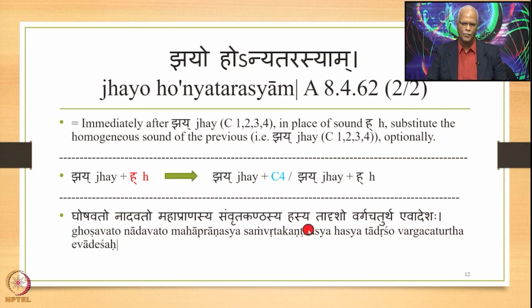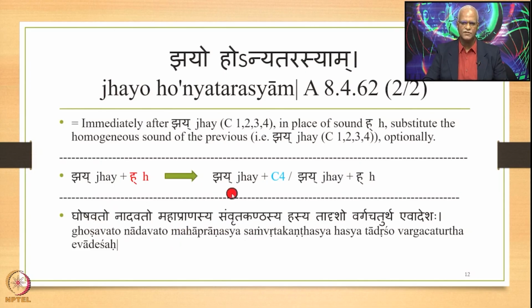So ha has got the bahya prayatnas, namely Ghosha, Nada and Samvara, and also Mahaprana. Amongst the class consonants, only the fourth one matches with these bahya prayatnas. So in the ka varga, only gha has got Ghosha, Nada, Samvara as well as Mahaprana as the bahya prayatna.